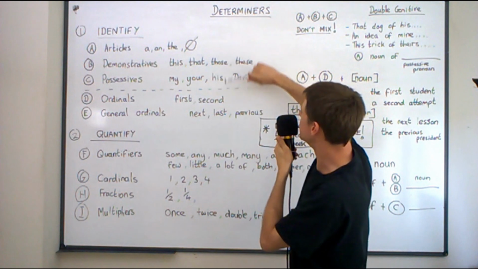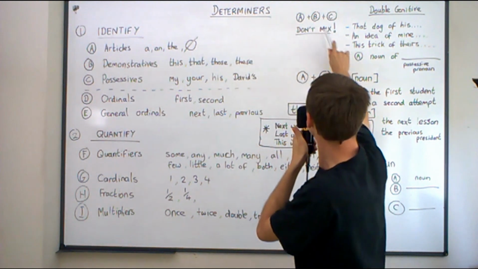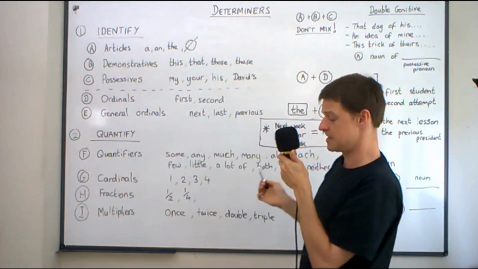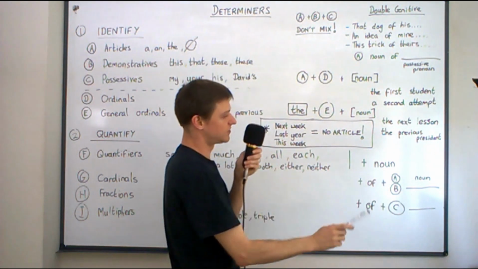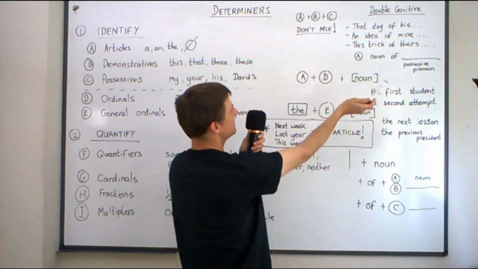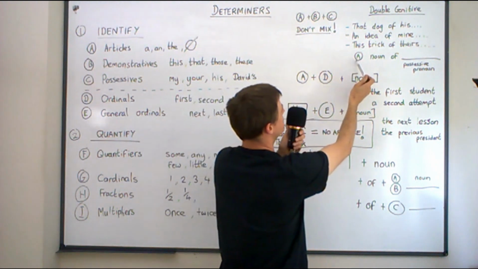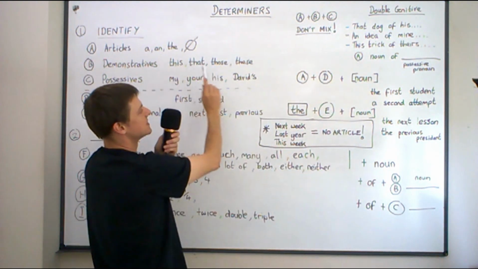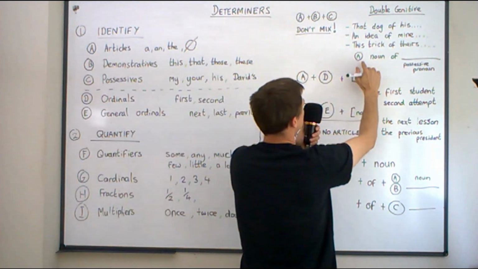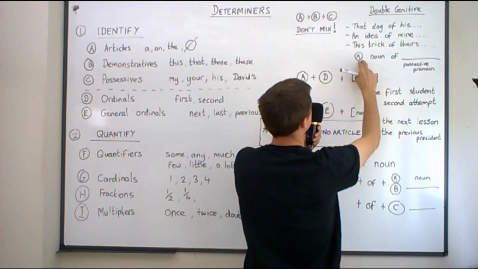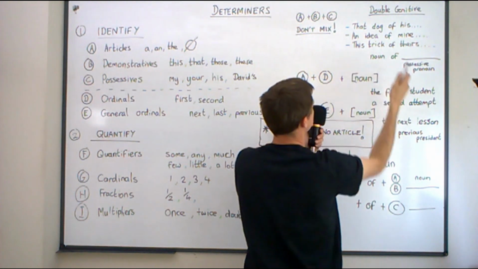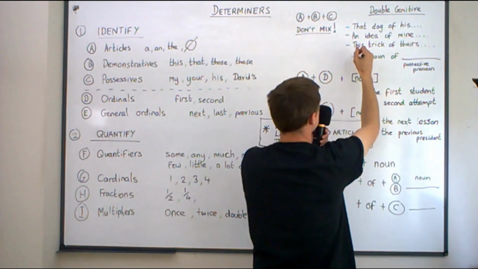The only time we can mix A, B and C is with the double genitive. And the double genitive follows this formula. It starts with an article or a demonstrative, A or B, plus noun, plus of, plus possessive pronoun.